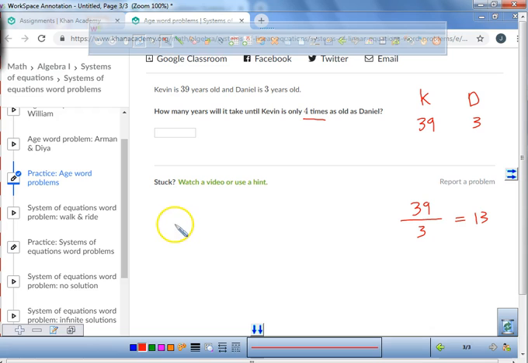So right now, where's Kevin at? Kevin's at 39. We have to figure out how many years. What is x going to represent? X represents how many years we're going to add. Before, this side is only going to be 4 times Daniel's age.